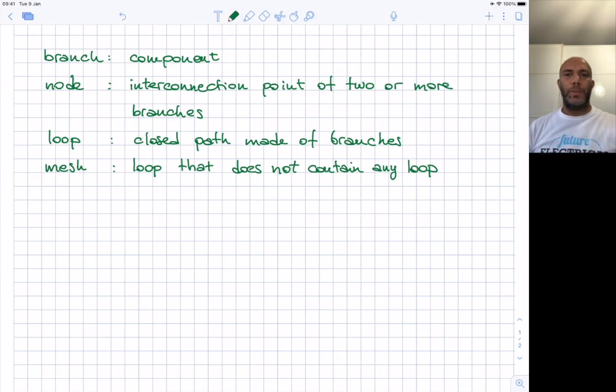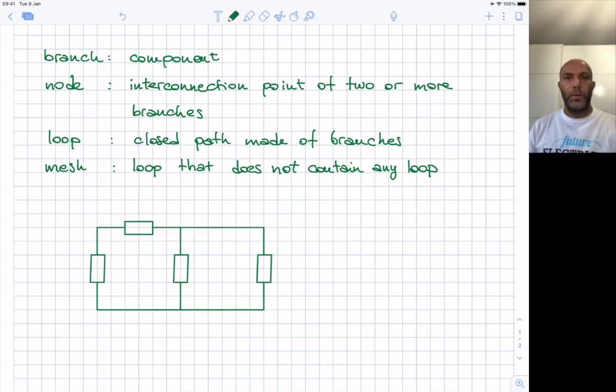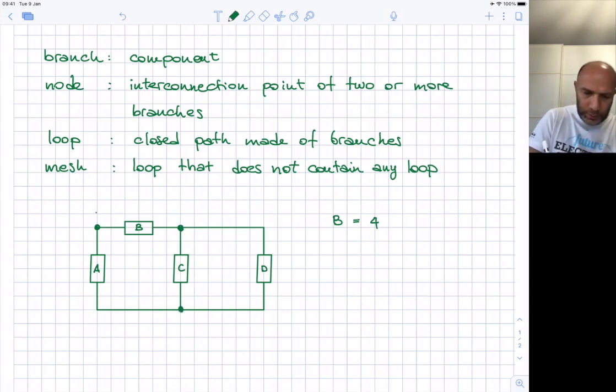In order to explain these concepts, let's make a reference to a generic circuit. This circuit contains four components. Let's call them A, B, C, and D. So the number of branches is 4. Then we have 1, 2, and 3 nodes. Let's call them 1, 2, and 3.